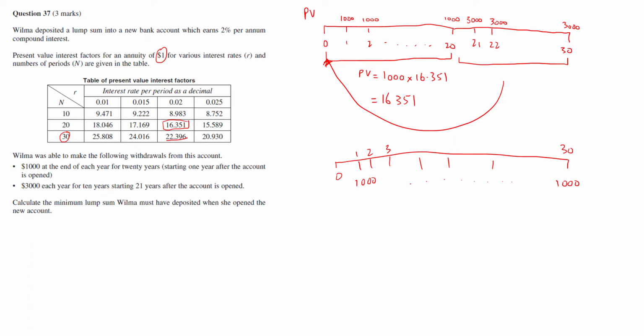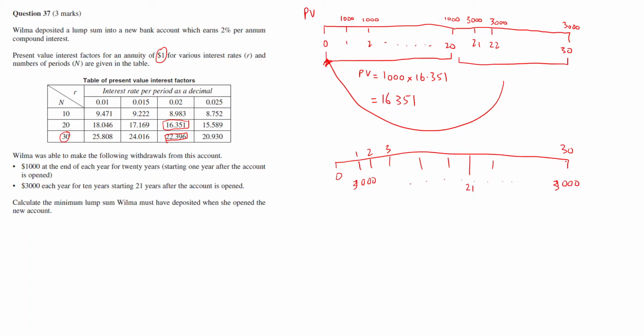That's this value, 22. But that would be wrong, because we have already considered the first 20 years. Sorry, 3,000. If I use this number and multiply it by 3,000, it's only going to give me the value of 3,000 being invested for 30 years. But what I need to do is, from year 21 onward, I want to calculate this.